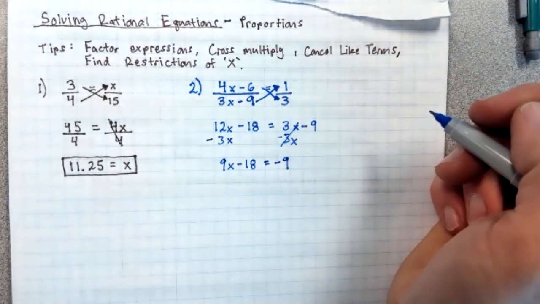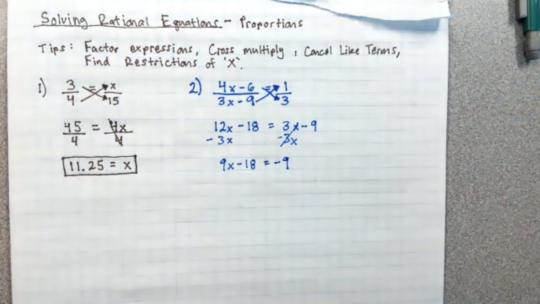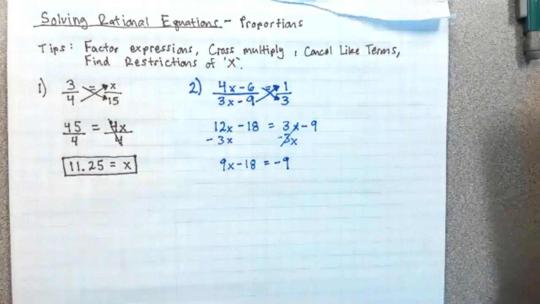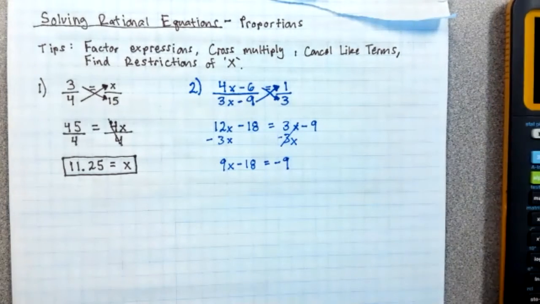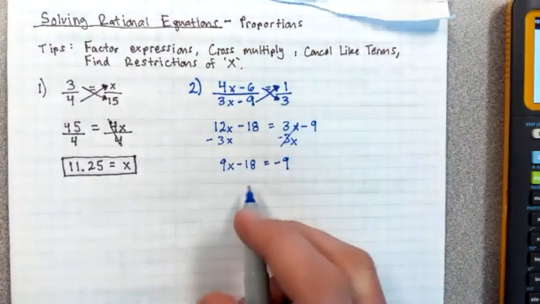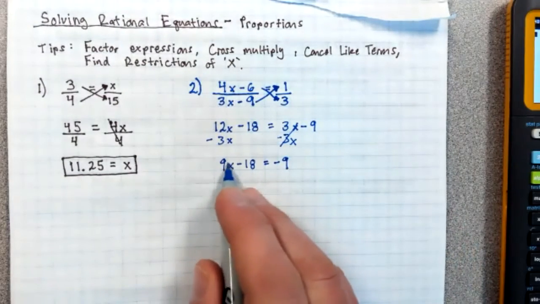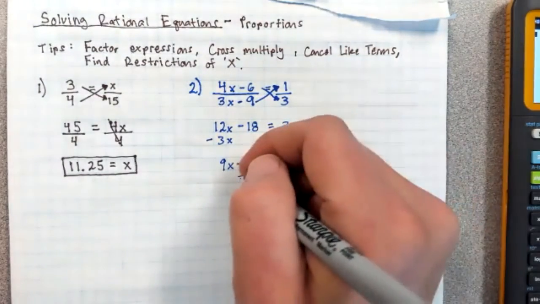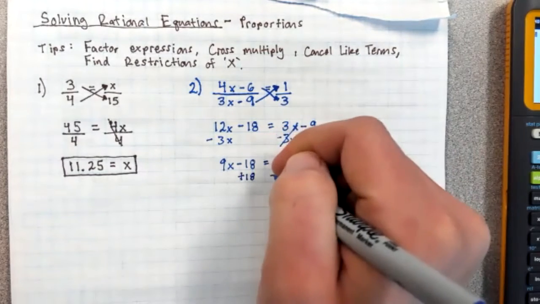And I think from here, you guys are probably all set to solve it. Shouldn't be too bad from this point. Two-step equation. Try to get the x all by itself, isolate it. So we would probably want to add 18, get rid of it.